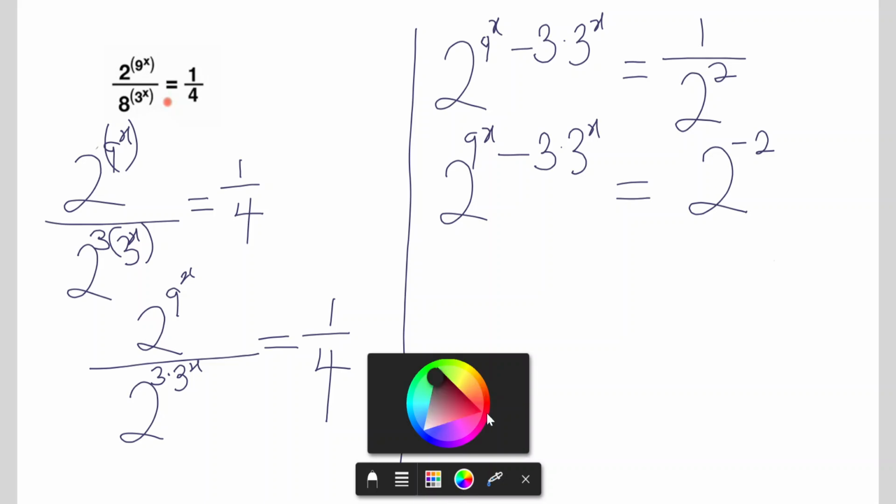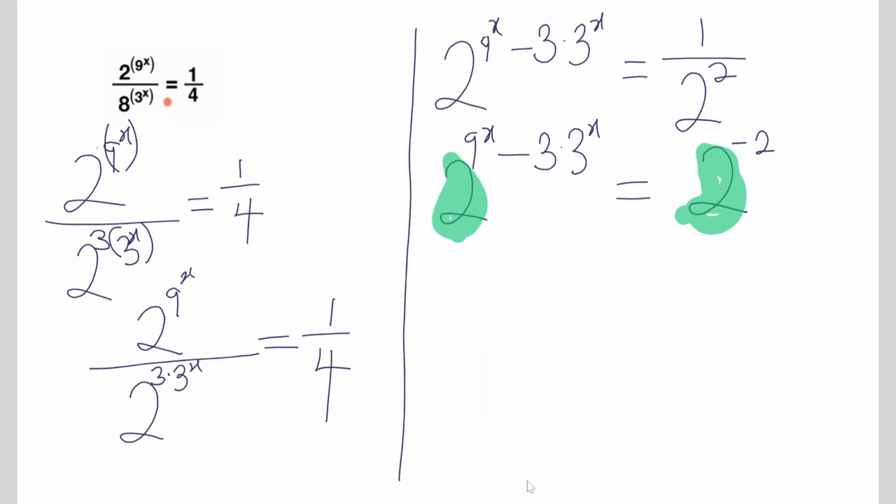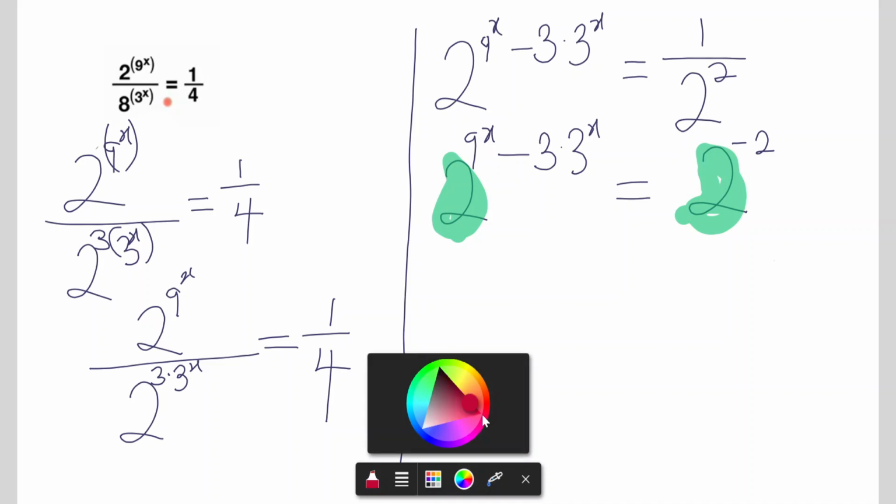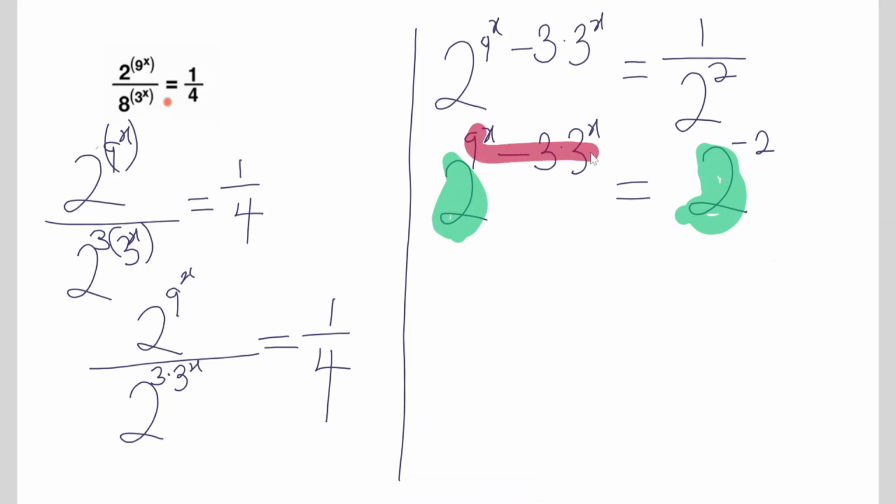And as you can see, we have equal bases here, 2 and 2. The bases are equal. So since the bases are equal, it means we should have equal power also. The power 9 to the power of x minus 3 multiplying 3 to the power of x must be equal to minus 2. Why? Because the bases are the same.